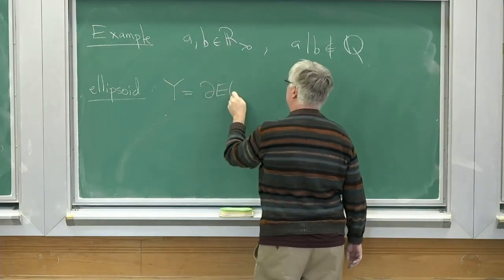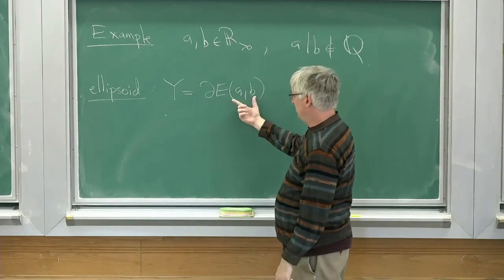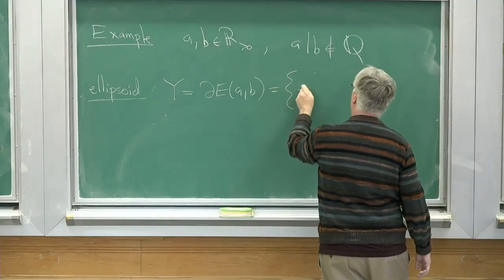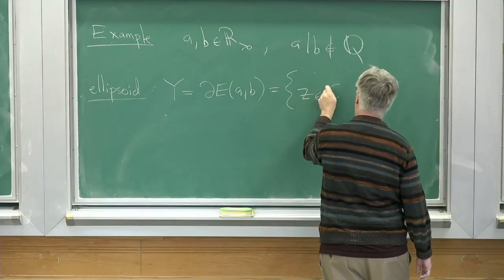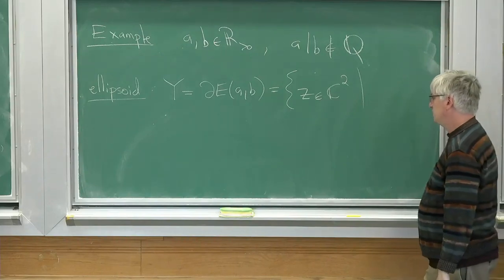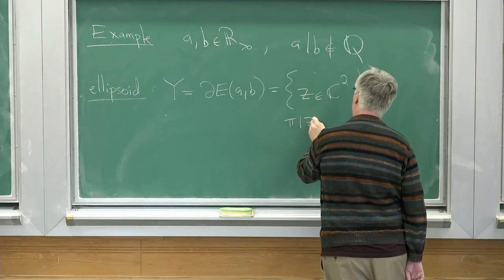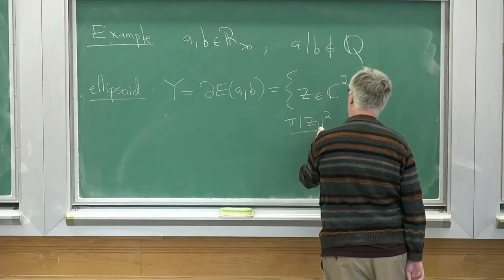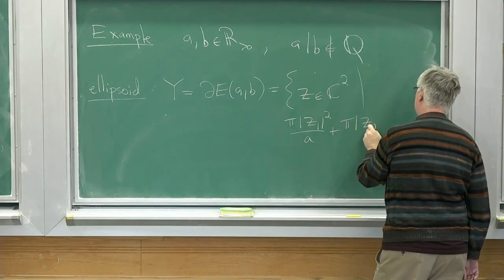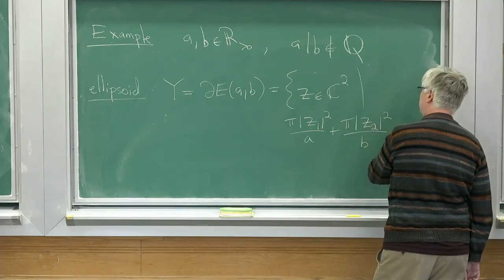My notation is E(a,b) is a solid four-dimensional ellipsoid, and Y is its boundary. This is the set of points z in C^2, identifying R^4 with C^2, such that pi times the absolute value of z_1 squared over a plus pi times the absolute value of z_2 squared over b is equal to 1.